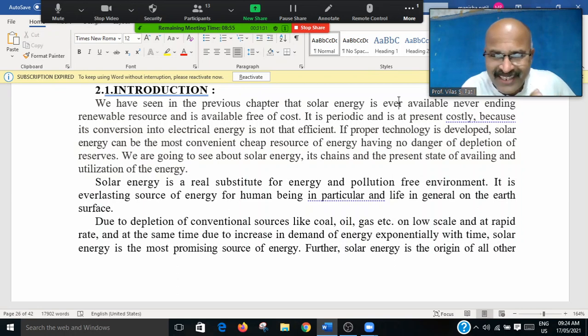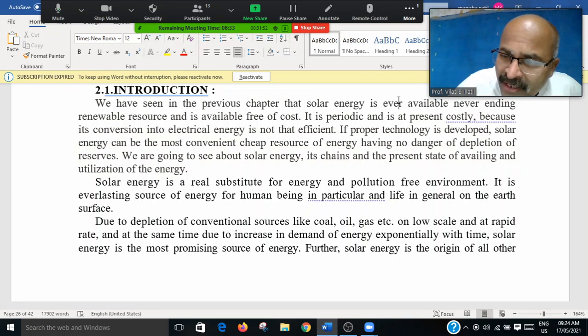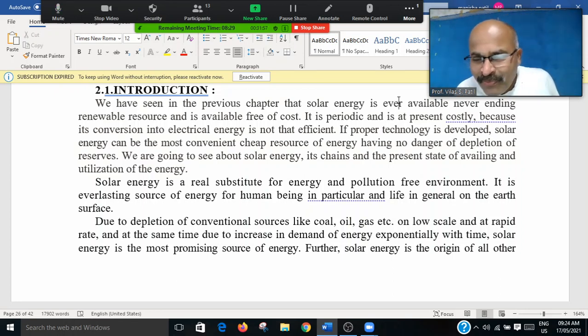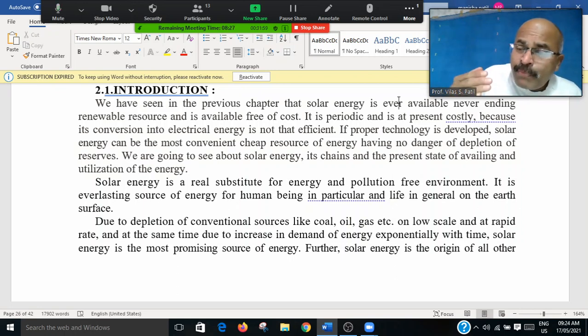The reservoir of coal is very limited. We know that petroleum oil is in countries like Iran, Iraq, Saudi Arabia and Kuwait, and we know what the price of petroleum is. A price crisis is produced.